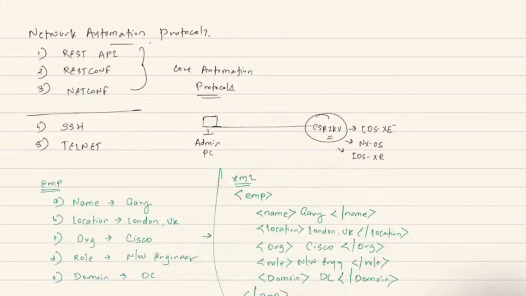We cannot use JSON there. But XML was kind of a hard language for humans to read. For example, if you look at the data on this side, it is more readable than the data written in XML.